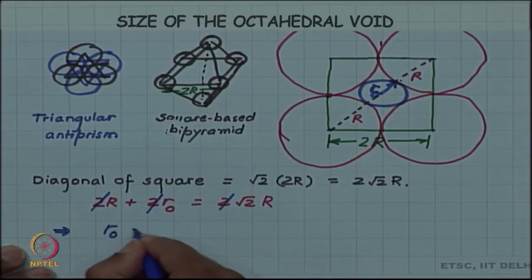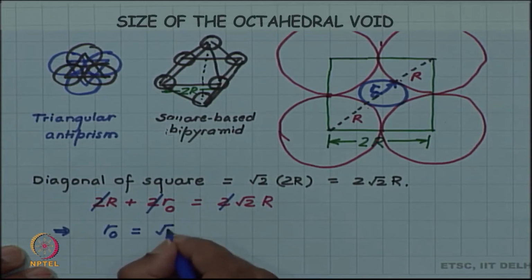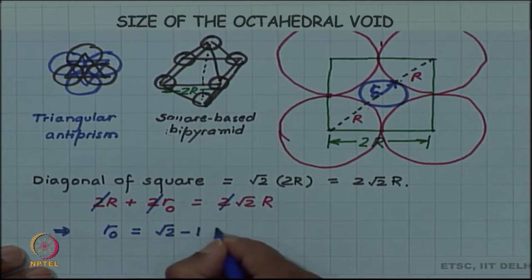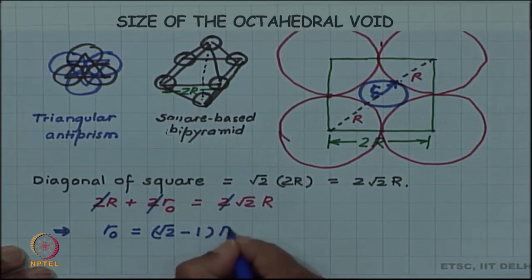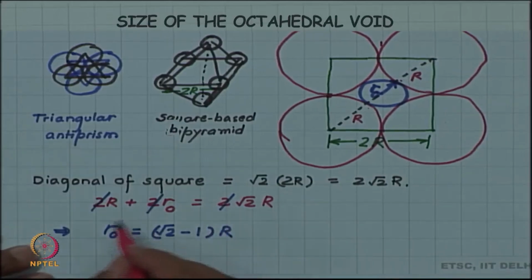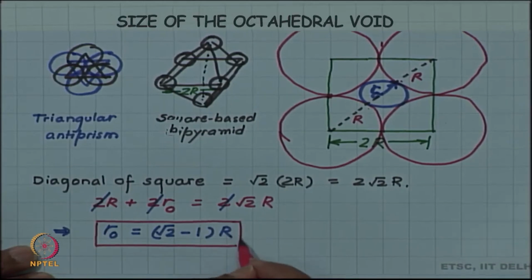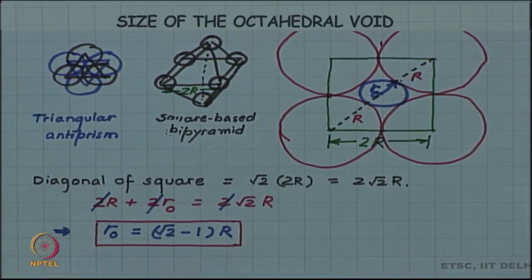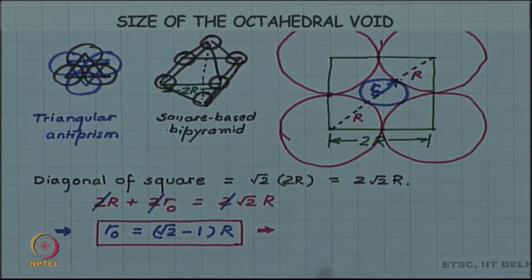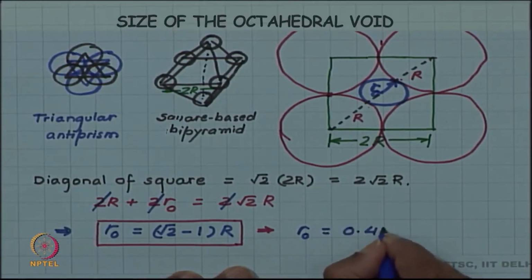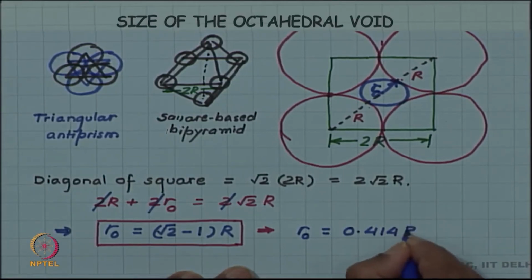So, r o is nothing but root 2 minus 1 times r. Or if you do it numerically, you can show that r o is approximately equal to 0.414 r.